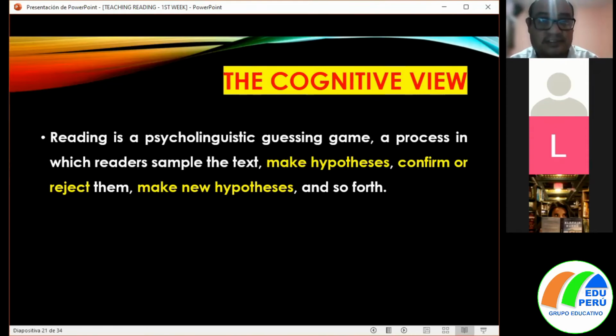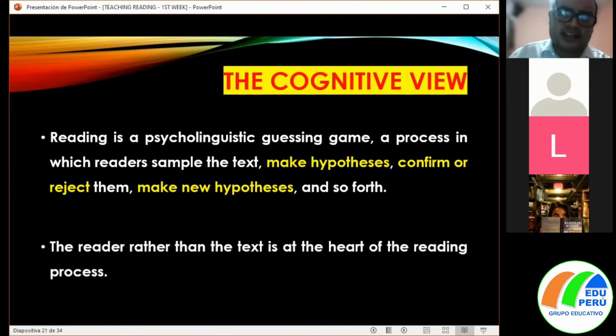So notice the difference between these two points of view. The reader, rather than the text, is at the heart of the reading process. The focus of reading is changed too. In the previous one, the focus was the text. Now, the focus is the reader.